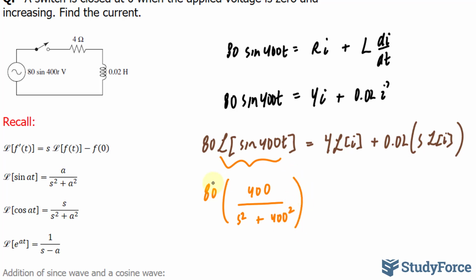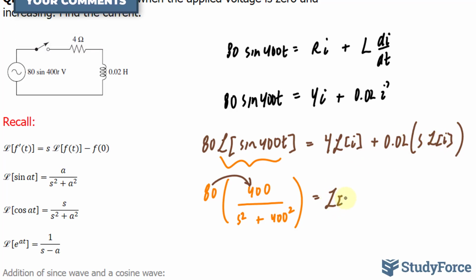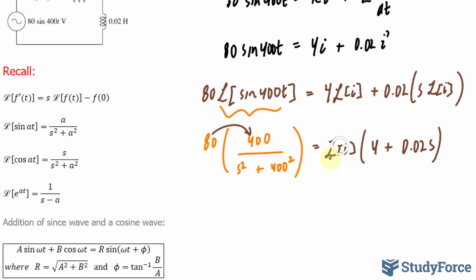In the step to come, I'll multiply this by 400. This is equal to, and I'll factor out the Laplace transform of I. We have this times 4 plus 0.02 times s. My goal is to isolate for this, the Laplace transform of I. So I'll divide both sides by 4 plus 0.02 s.